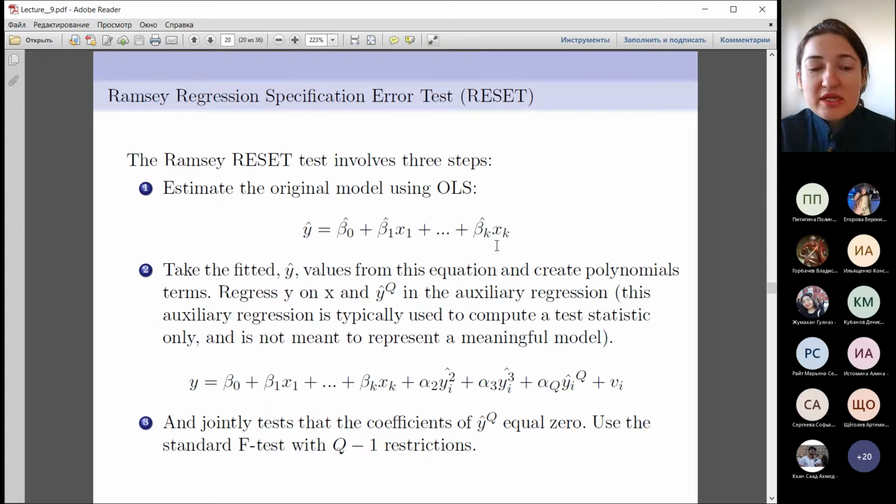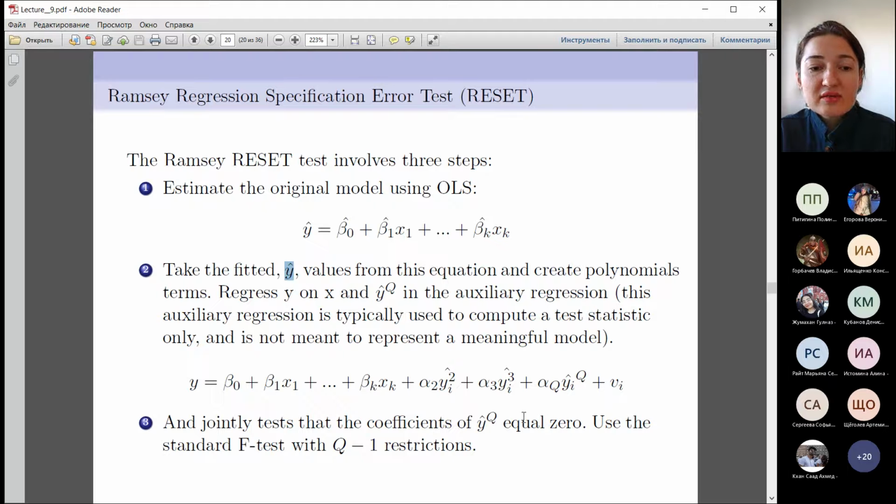After this, you obtain the fitted values from the model you had, and you create some polynomials from these fitted values. In the second step, you regress the same dependent variable on the same X's, but also on the polynomials of the fitted values, plus some error term.